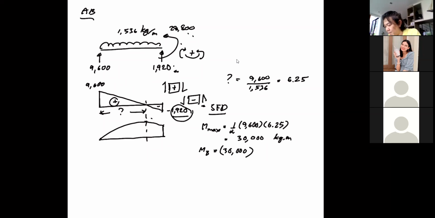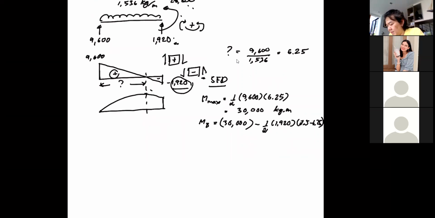So that's the value of the Mmax minus the rest of the area, which is 1920, and true length is 7.5 minus 6.25, right? Same. Or you can just, you know, it's a repetition of what you have done with your free body diagram. But that's one down. Okay.